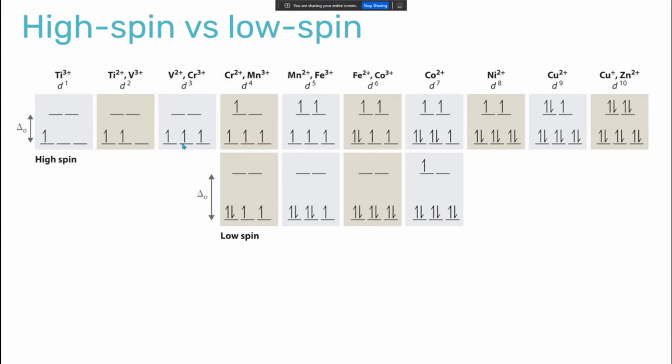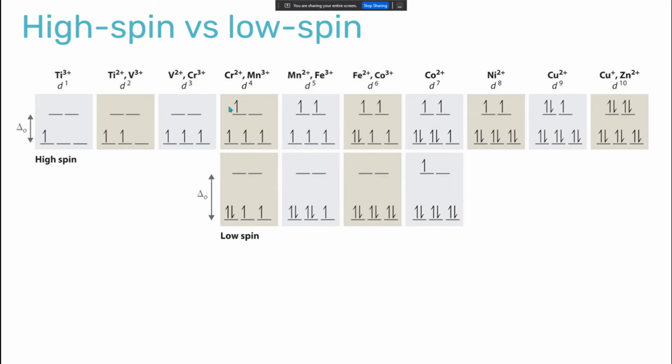So when you have 3, you put them on 3 different orbitals, but when you have 4, you now have an option. The thing is that due to splitting in this octahedral environment, 2 energy levels will be higher in energy, and you could put electrons there and still be stabilized by the so-called exchange interaction.